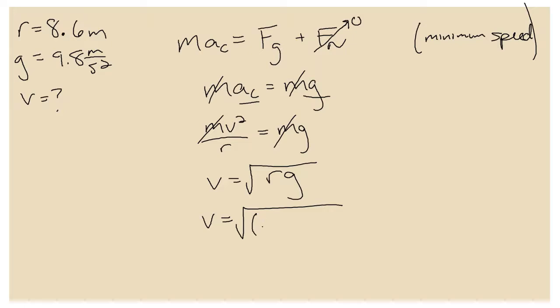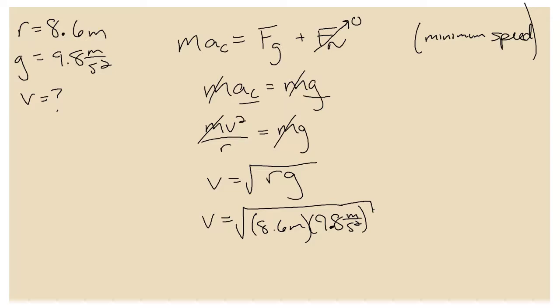We have 8.6 meters as our r, 9.8 meters per second squared as our g. Notice here under the radical, we are in fact going to have a number that has units of meters squared per second squared. That's good, because when we take the square root, that'll give us meters per second.